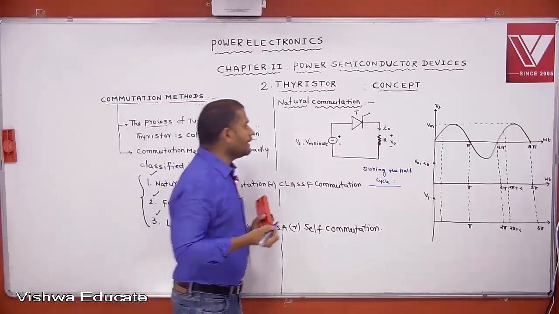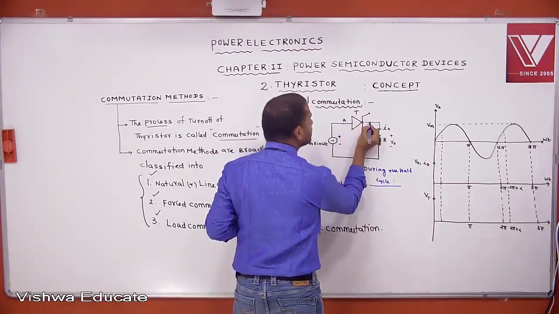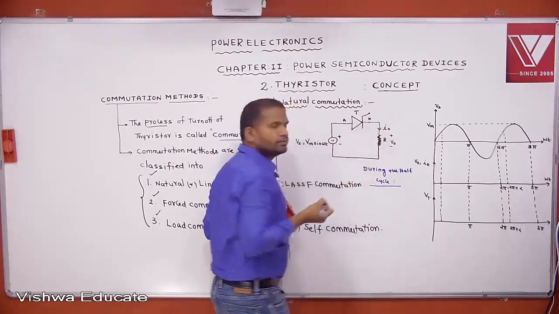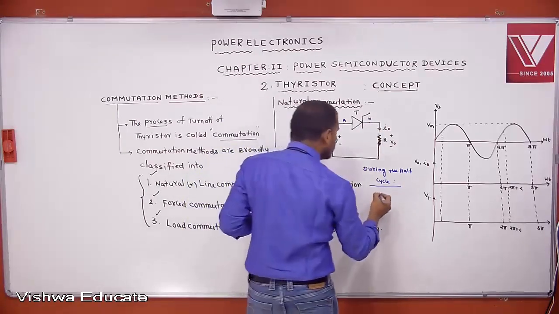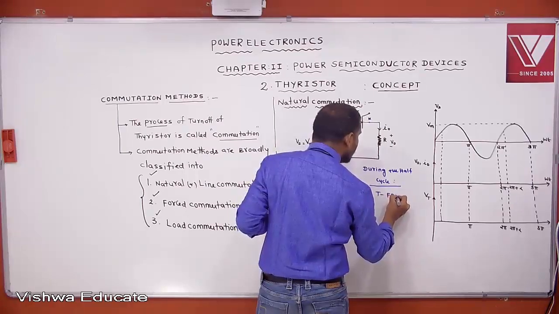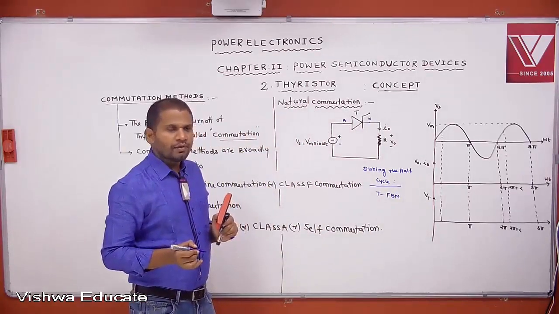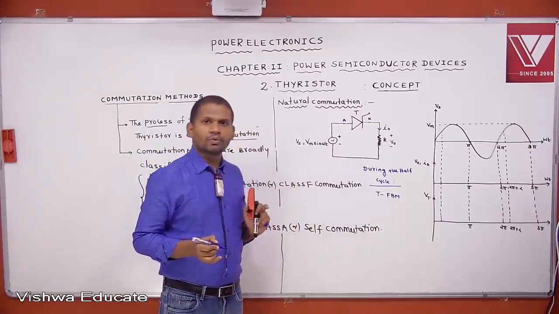With this polarity, positive is connected to the anode of the thyristor and this is the cathode. With this polarity, the thyristor is in forward blocking mode. Still it is not conducting.